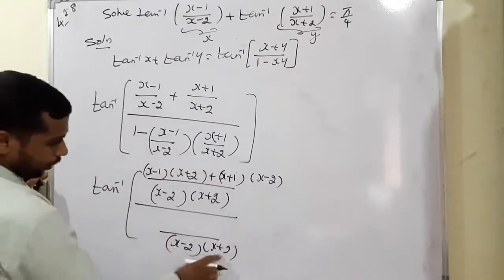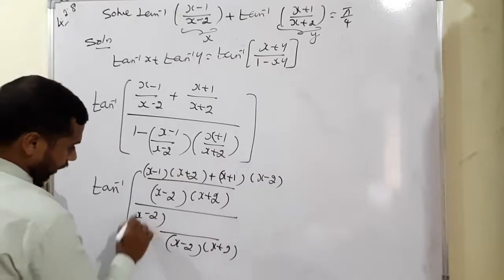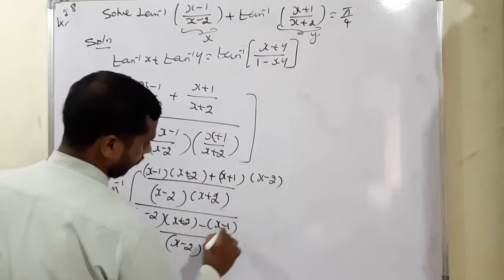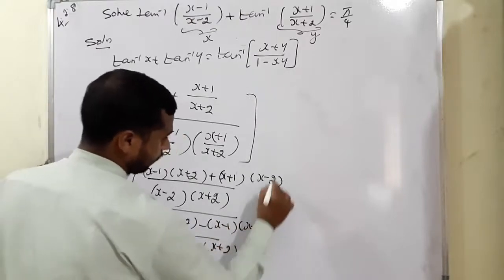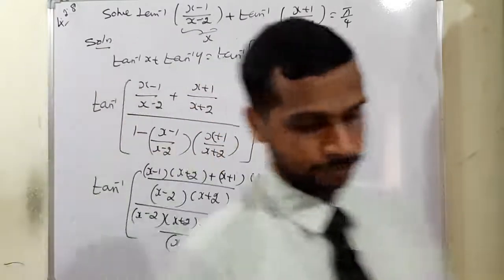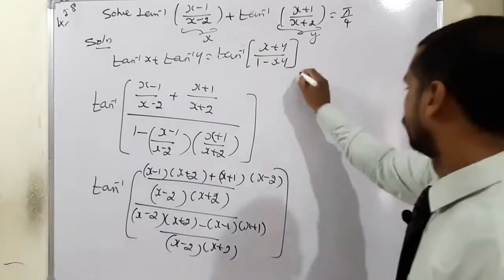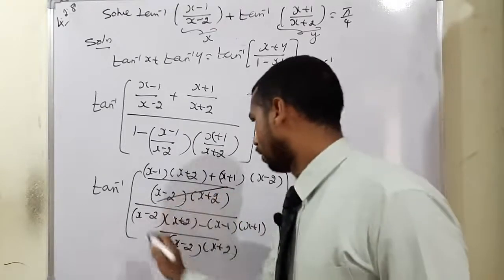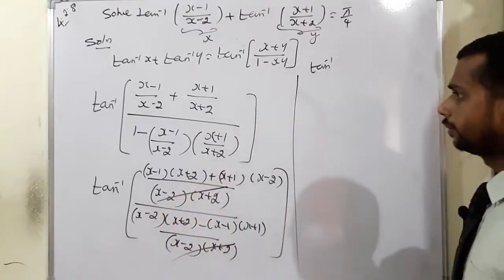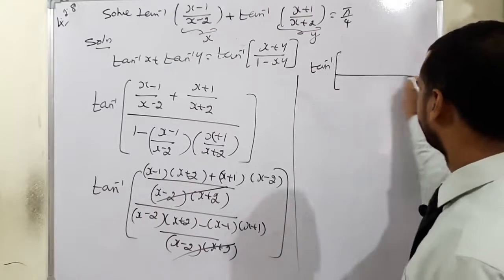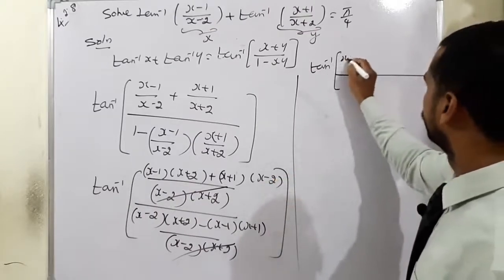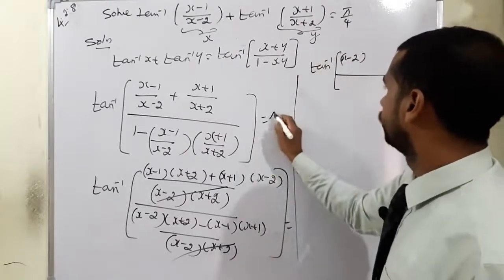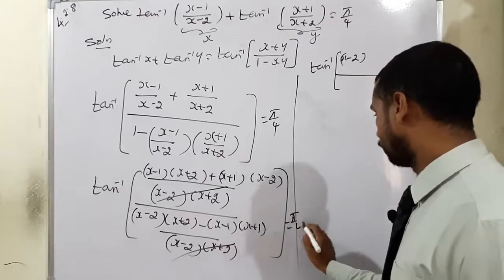In the denominator, 1 into (x minus 2)(x plus 2) means the same value, (x minus 2) into (x plus 2), then minus of (x minus 1) into (x plus 1), isn't it? The common denominators cancel, and the tan inverse of the remaining term is equal to pi by 4, isn't it?